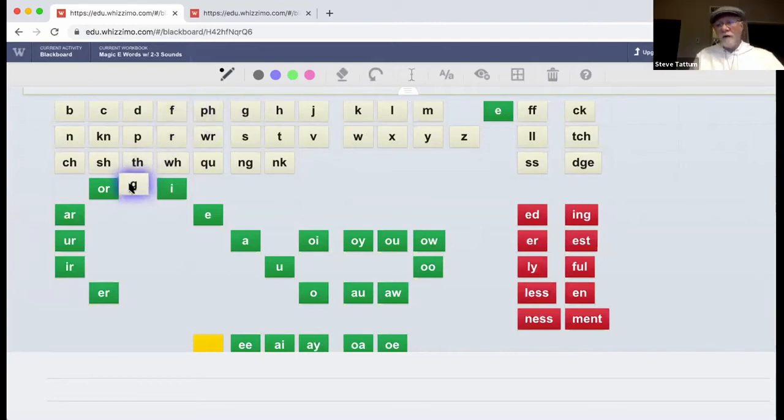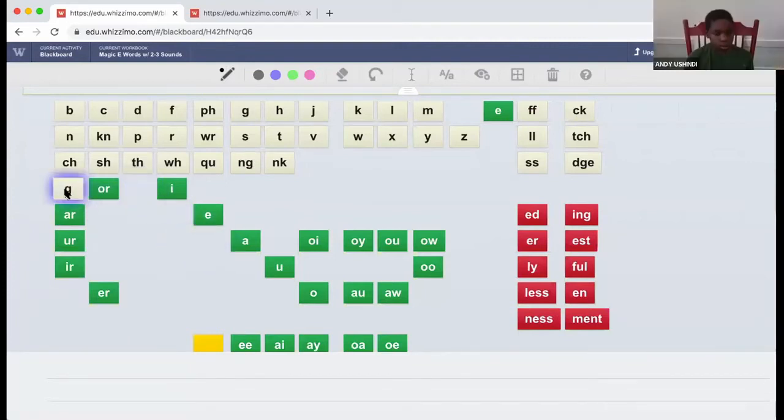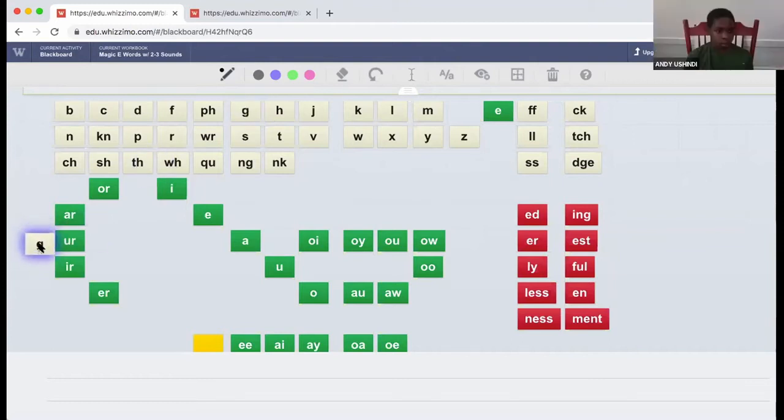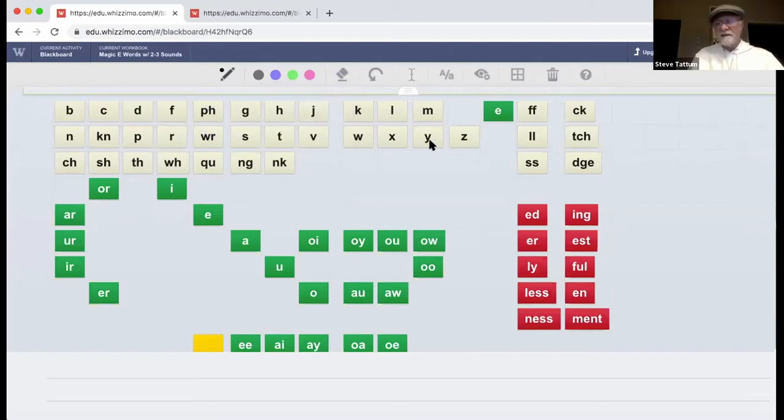J is the soft one. J. G. Is that an E, I or Y? Good. G. All right, good job. What's this say?